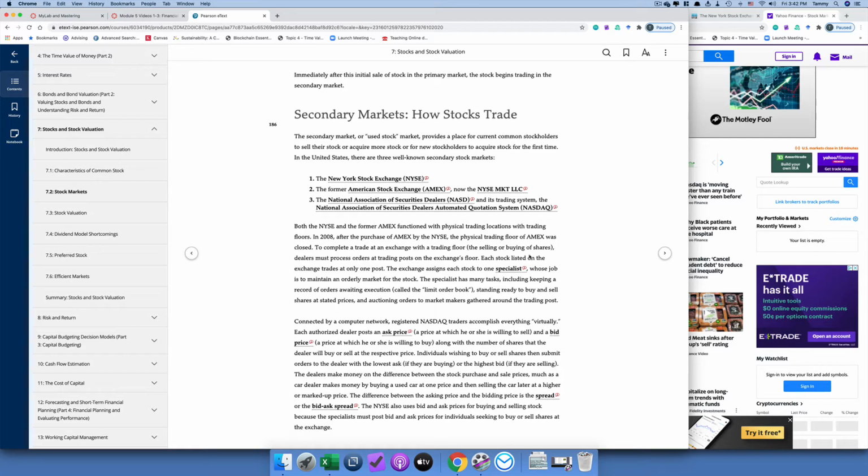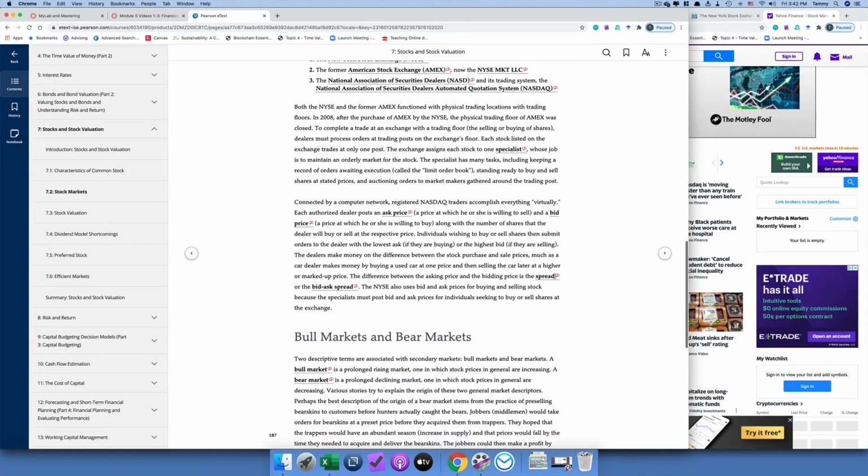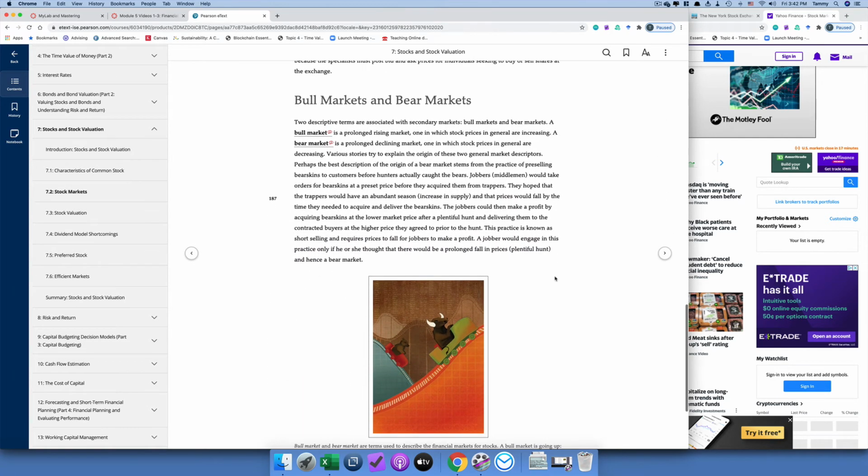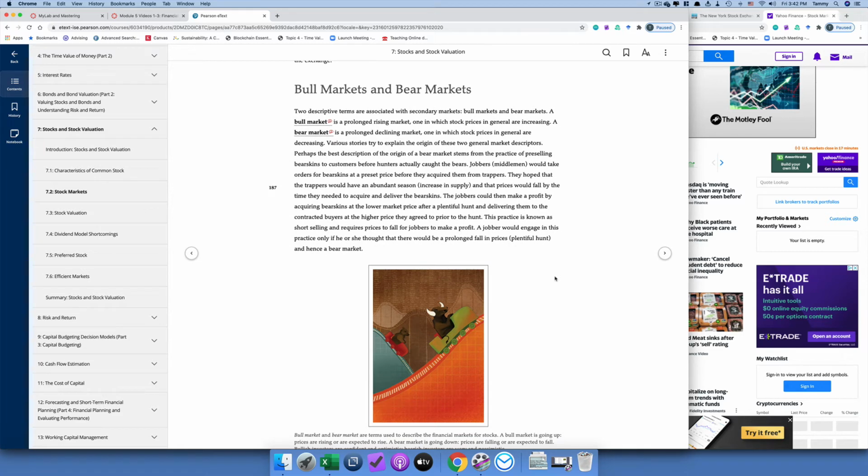So that's a brief overview of stock markets. Again, huge topic, not something I want to go into in a lot of detail right now. The other little tidbit in this chapter is this question of bulls and bears. These are just terms that have evolved over time.